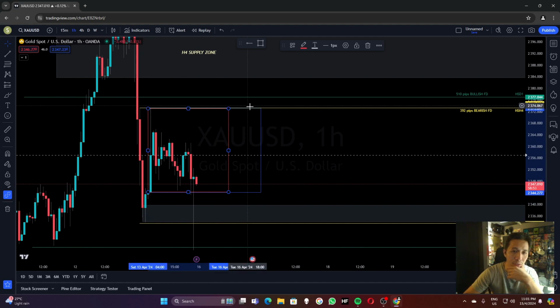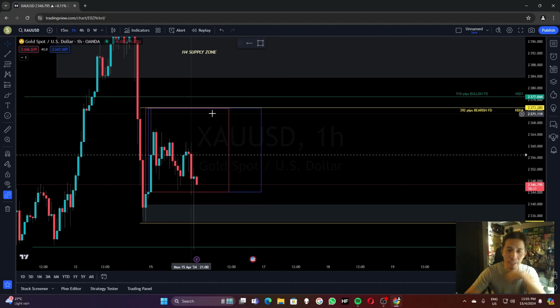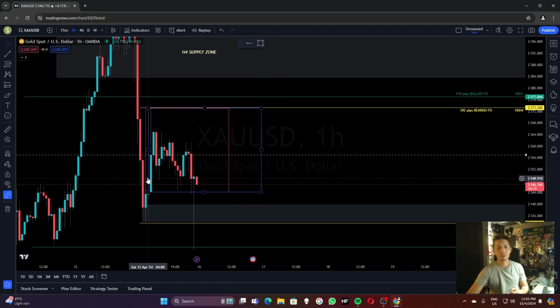In that 1 hour, price created that zone, and within 15 minutes price went up so much and left the wick so long. The SOP for this H1 zone is to mark the higher shadow to the lower shadow. In this case, there's no shadow, okay. You can see it's a body, right? So it's coinciding, 15 minutes and 1 hour, because of this morning's breakout.